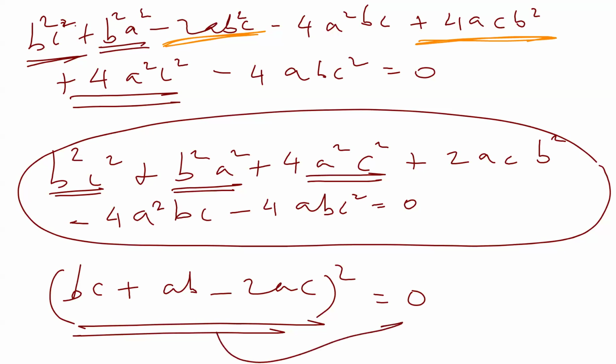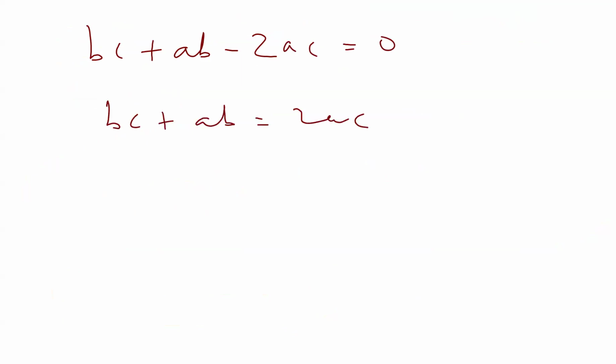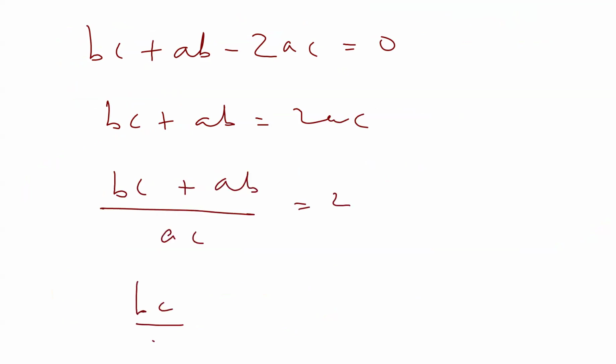So this is equal to 0, taking square root on both the sides. bc plus ab minus 2ac equal to 0. So bc plus ab is equal to 2ac. Take ac on the other side, split.